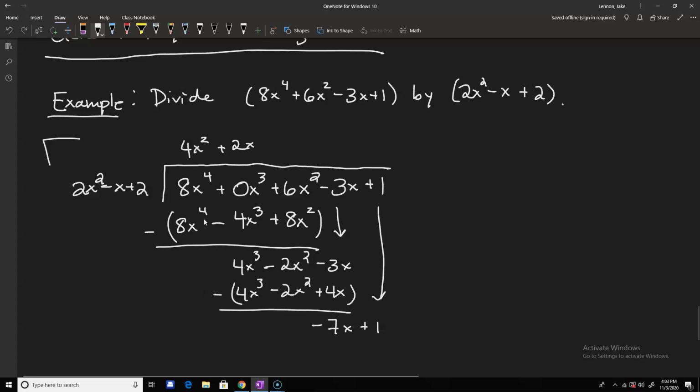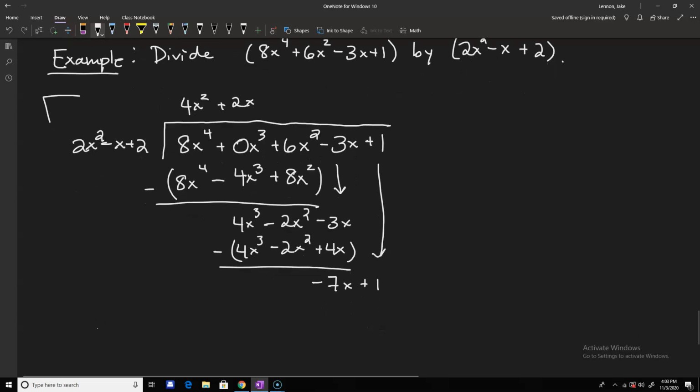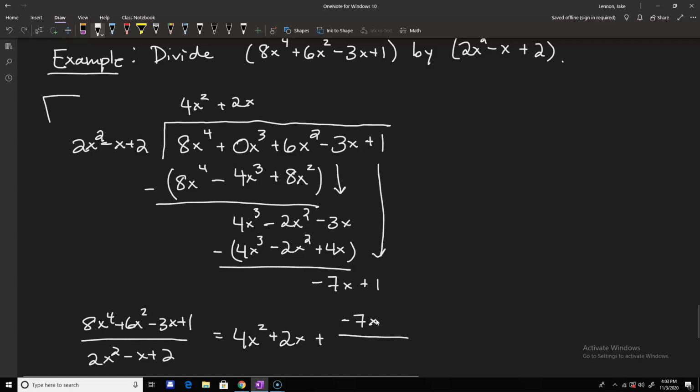So that tells me that actually, when I do the division here, the 8x to the fourth plus 6x squared minus 3x plus 1 divided by 2x squared minus x plus 2, I'm going to get exactly 4x squared plus 2x, and then I have my remainder, which is the minus 7x plus 1 divided by 2x squared minus x plus 2.